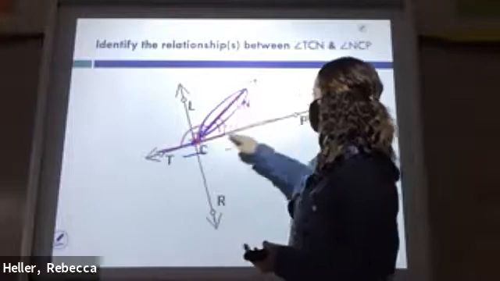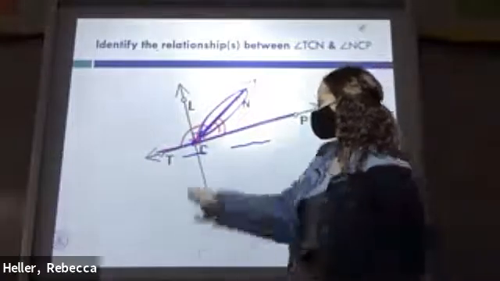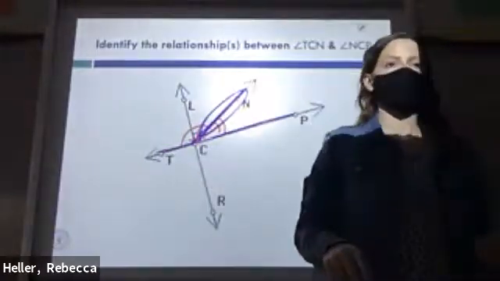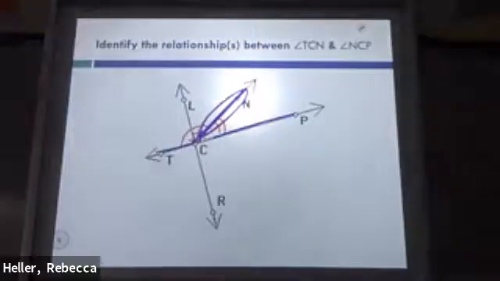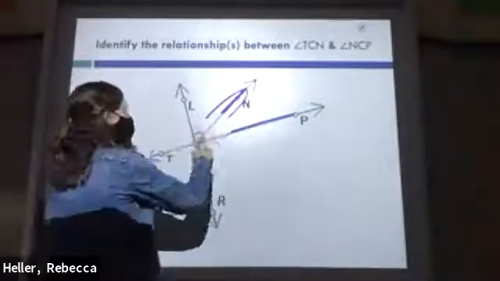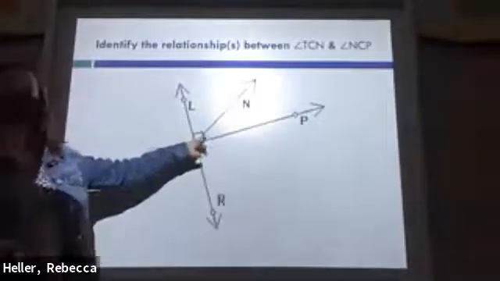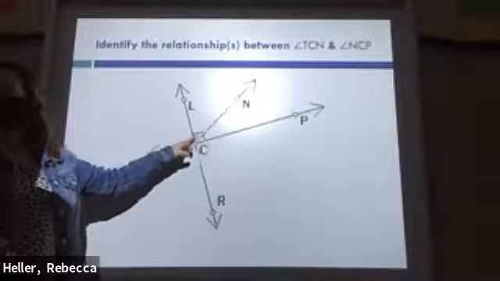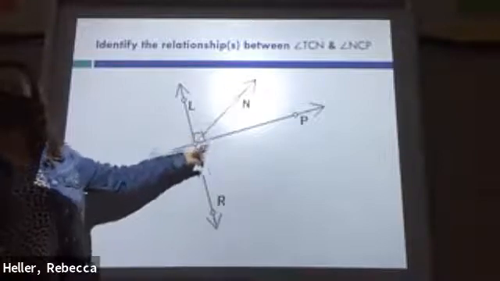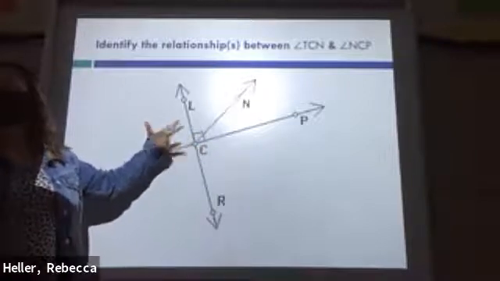TCN, NCP. What's the other way they relate to each other? What was the other way? For instance, what was the one that you wrote down? They're supplementary. I know that this part was confusing. When you see this box, what do you want to say? What's the other one that adds up to 90? Complementary, right?